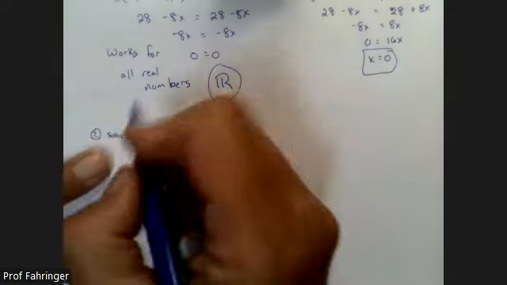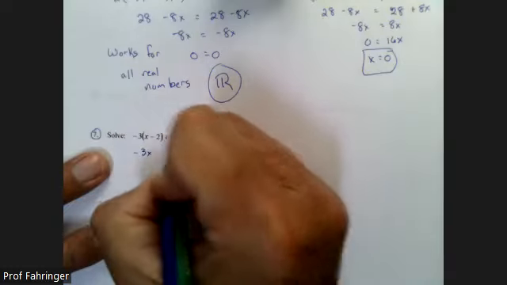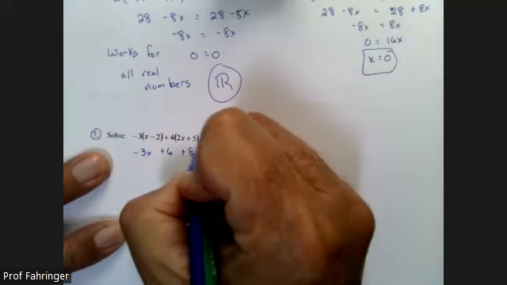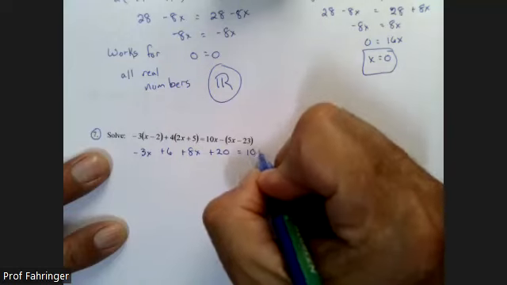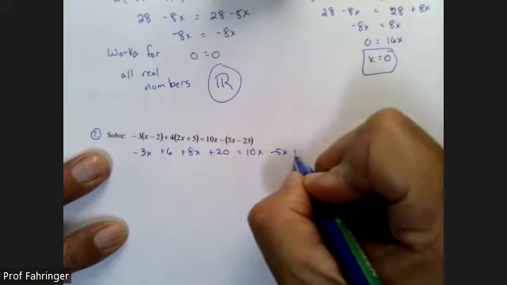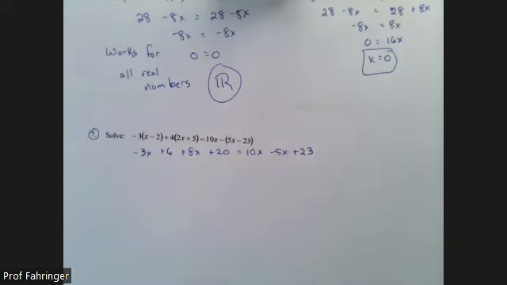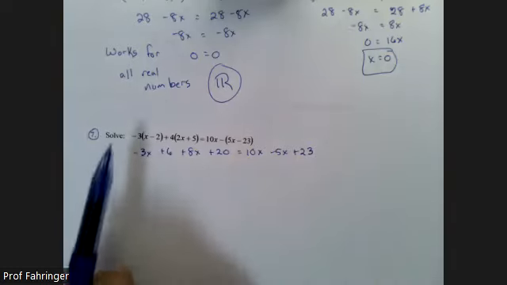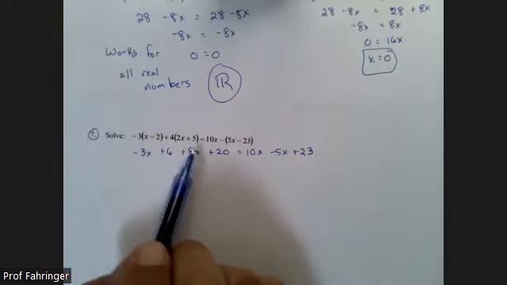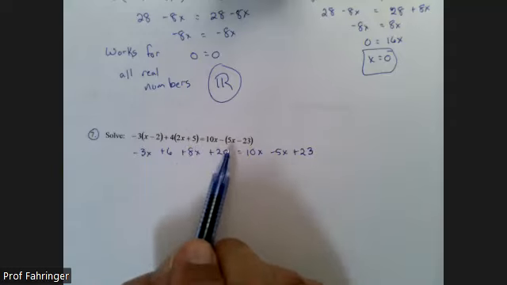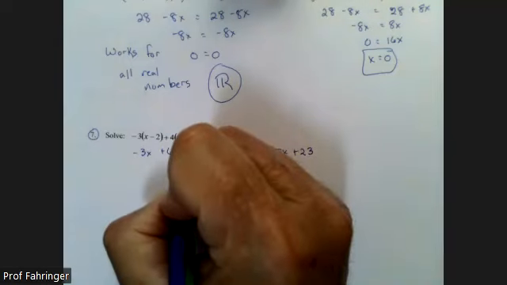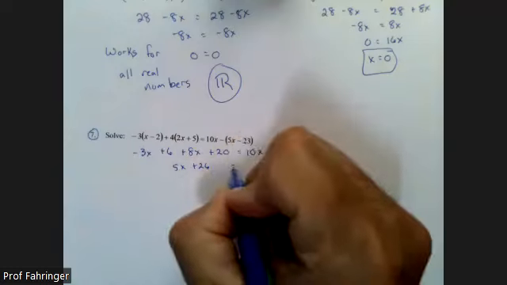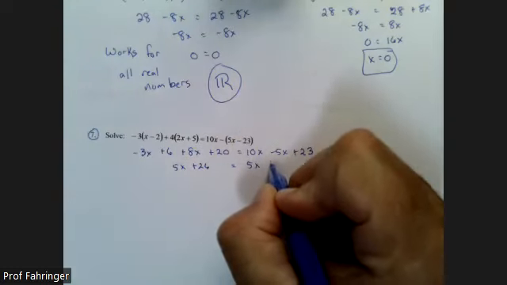All right, negative 3x plus 6 plus 8x plus 20, good, equals 10x minus 5x plus 23. I got 3x, I'm double checking because I goof up sometimes. 20, 10x minus 5x plus 23. I like that. So far, so good. 5x plus 26 and 5x plus 20.